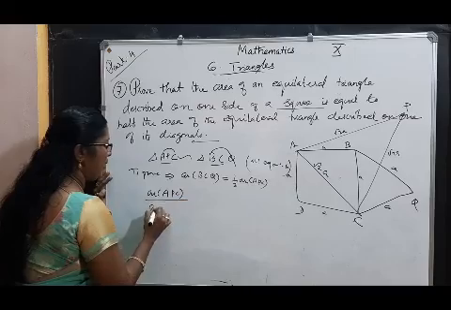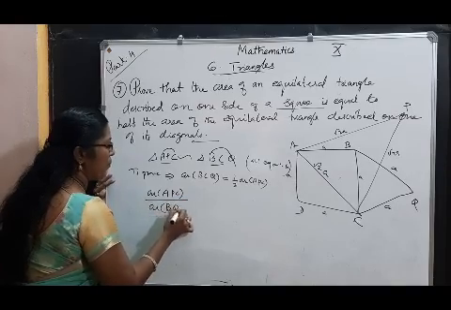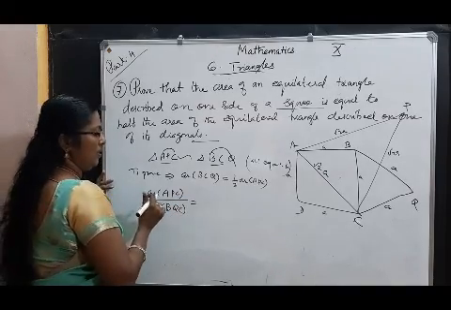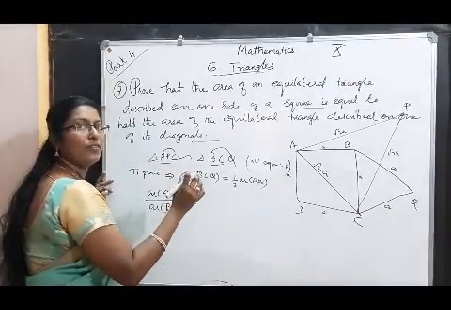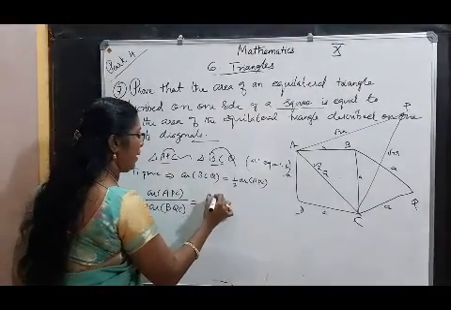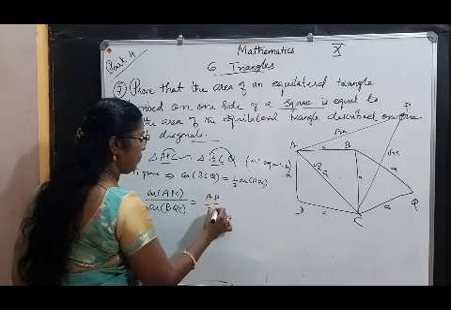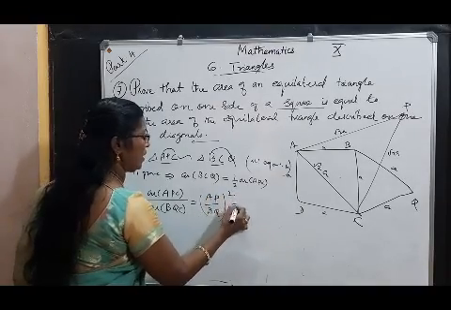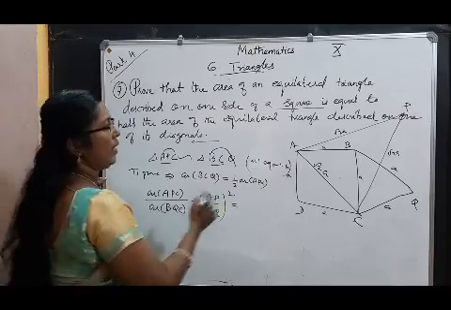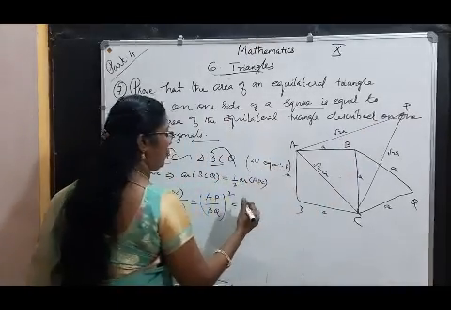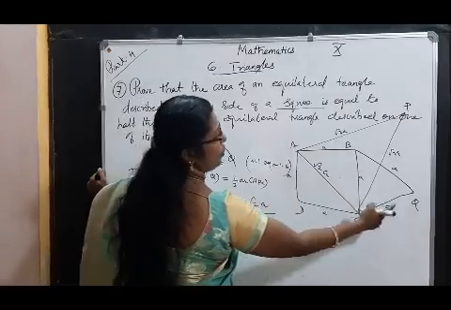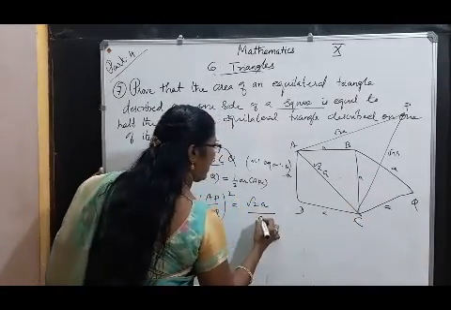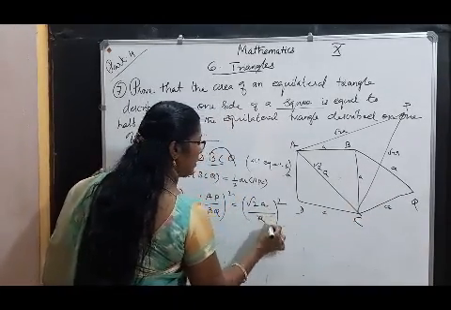area of APC by area of BQC is the square of the ratio of the corresponding sides, AP by BQ the whole square. What about AP? AP is root 2A, over BQ, BQ is A, the whole square. Cancel.